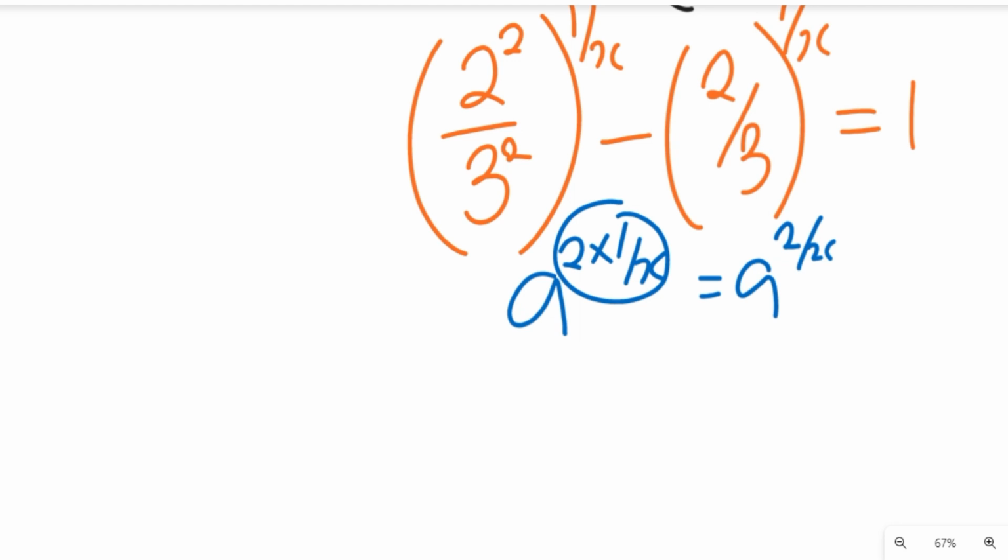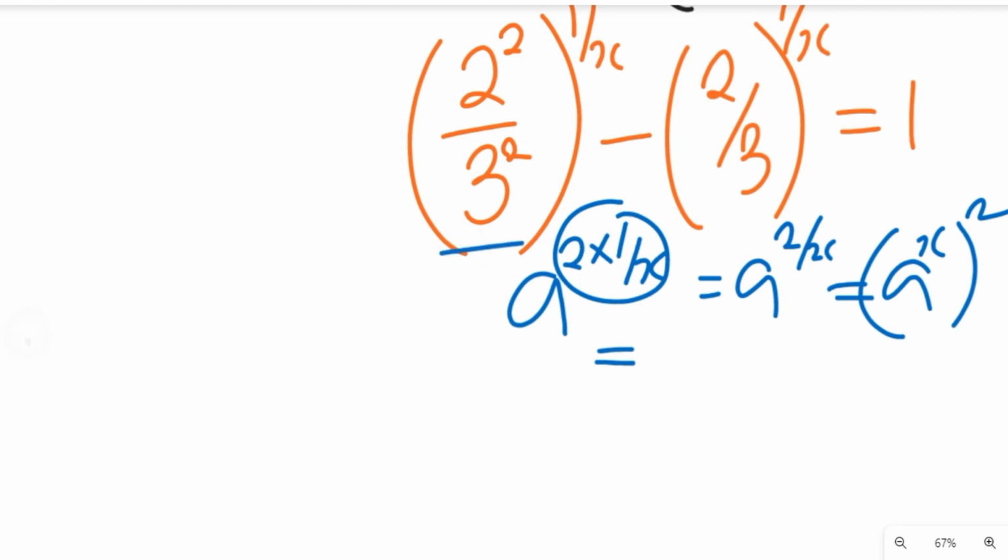But this time around, we are going to look at how we will bring this fraction in. Now, if a to the power of 2 times x is equal to this, that means this can still be equal to a to the power of x, all squared. Now, we can apply that to this fraction here.